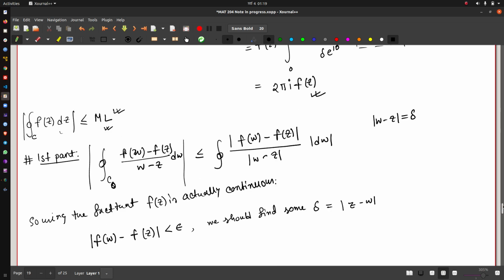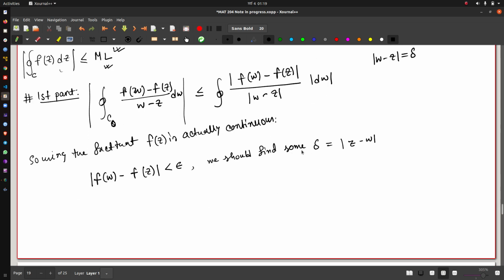So from there you can guess that this w is actually a point on that circle, on the perimeter of that circle. So this is coming from the continuity condition, that for some epsilon we will have some delta which is actually the radius of the smaller circle itself. So if this is the case, then what happens?